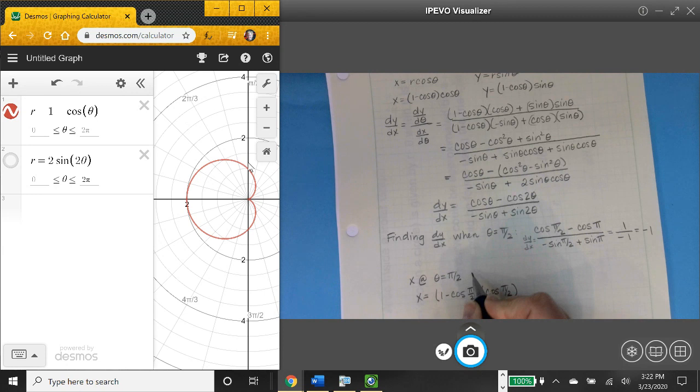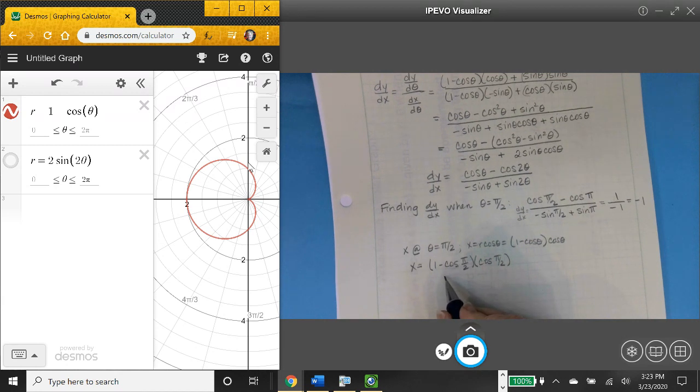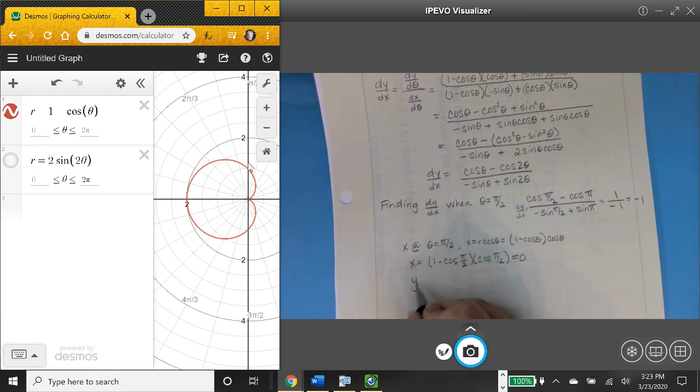And all I'm doing is remembering that x is equal to r cosine theta, right? Which is equal to 1 minus cosine theta times cosine theta. Right? That's all I did. And what happens when I do this calculation? The cosine of pi over 2, thankfully, is 0. So this just turns out to be 0. So let's figure out what y is.